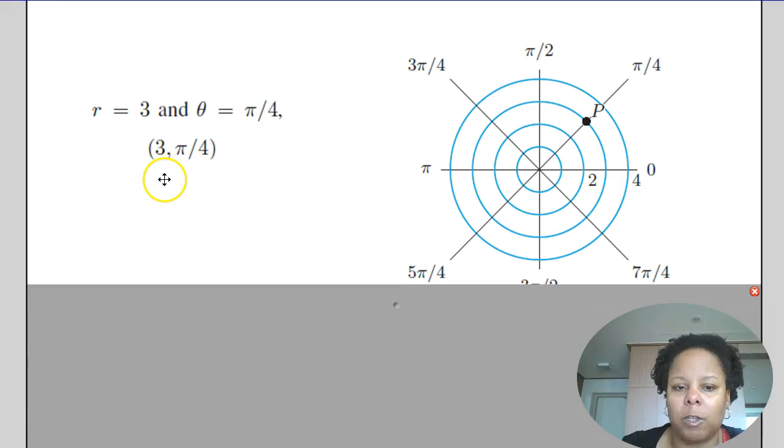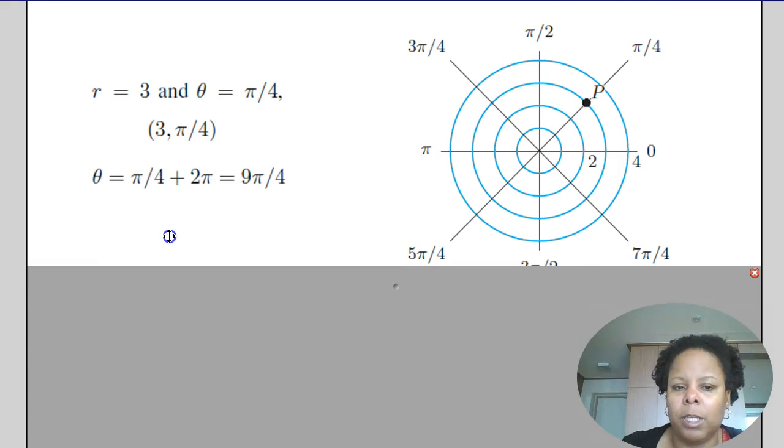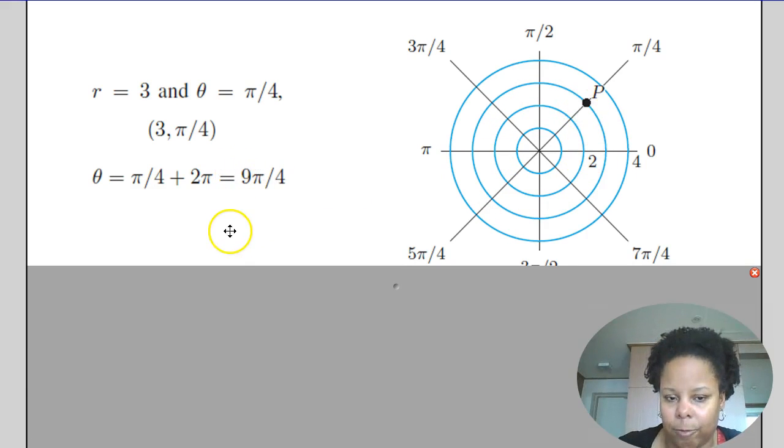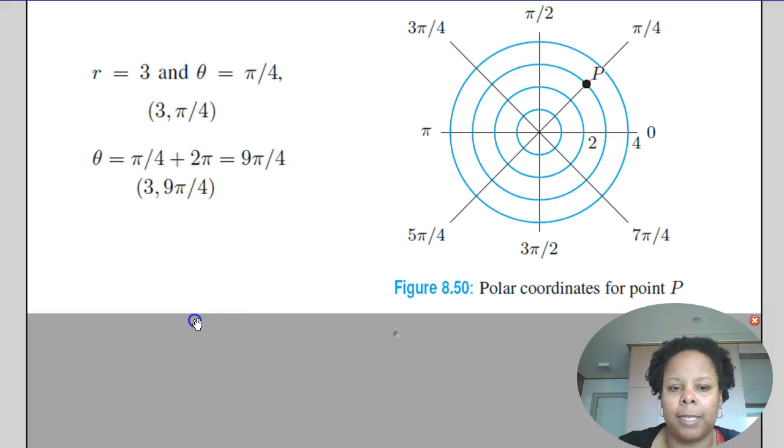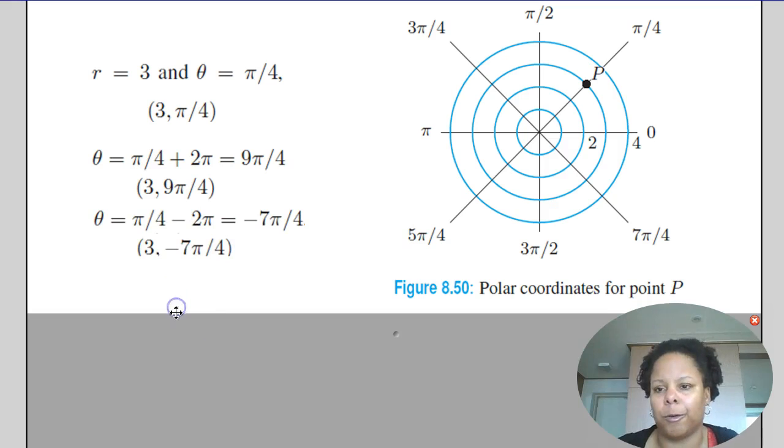But then I could also add 2 pi to the pi over 4 and get an angle of 9 pi over 4. And then we would end up with these polar coordinates for the exact same point. And instead of adding 2 pi, I could subtract 2 pi, and I'd end up with these polar coordinates. So I know some of you are saying, well, what's the right answer?